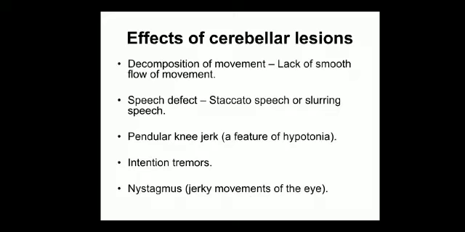And then gait: the patient walks awkwardly with the feet well apart. They have such difficulty maintaining balance that their gait appears drunken. That's why drunken gait is seen in cerebellar lesion. The patient walks in a zigzag line and deviates to the affected side due to hypotonia.